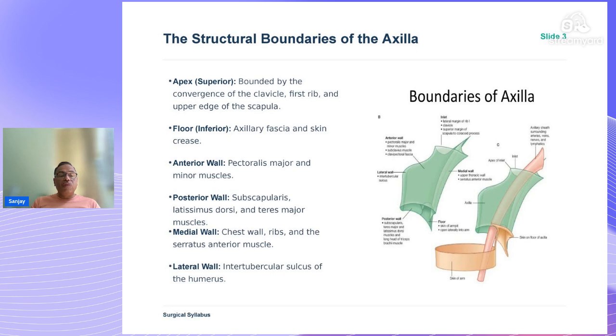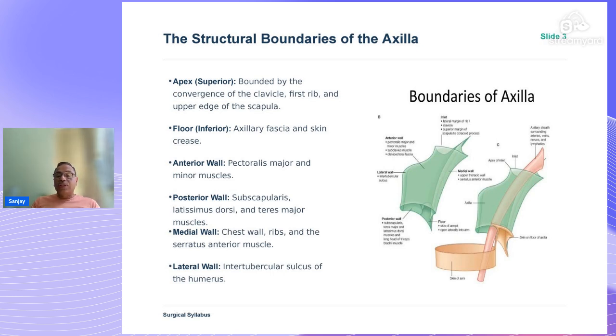The lateral wall is formed by the intertubercular sulcus of the humerus. So these are the boundaries of the axilla in a nutshell.